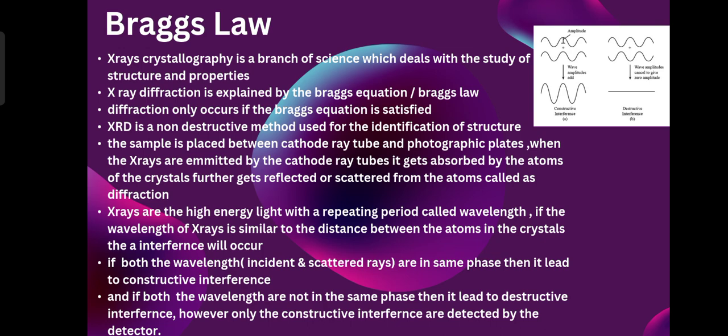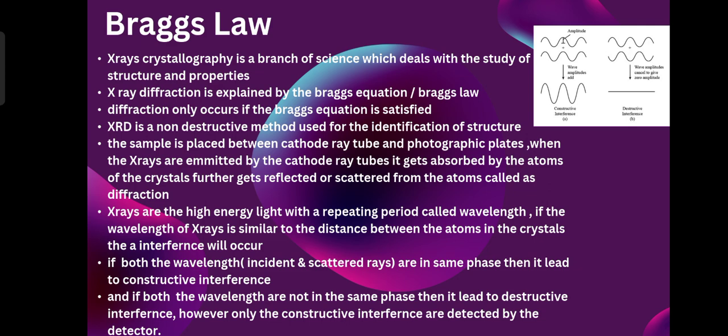When the X-rays are emitted by the cathode ray tube, they are absorbed by the atoms of the crystal. Further, they scatter the reflected light from the atoms, and this is nothing but diffraction, and the pattern will be generated on the photographic plates.